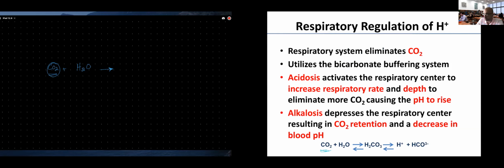It gets attached to the water, forming carbonic acid. So carbon dioxide in your blood is going to be circulating as an acid.